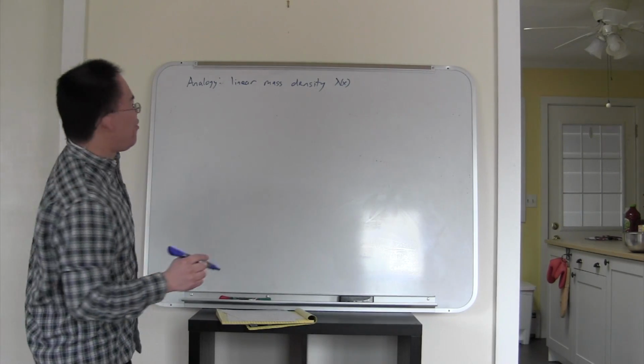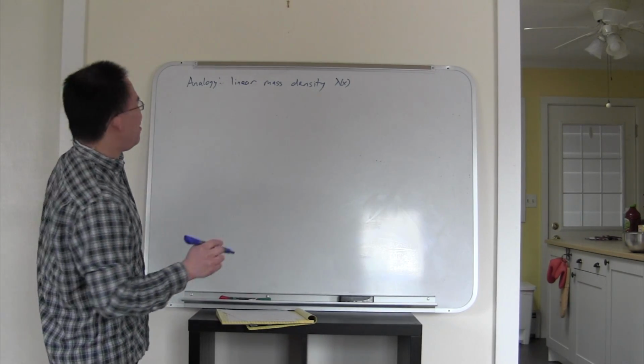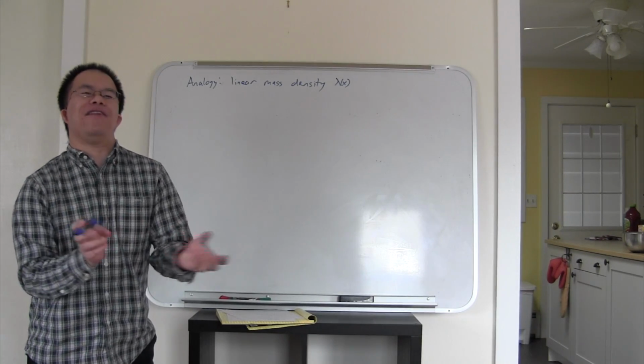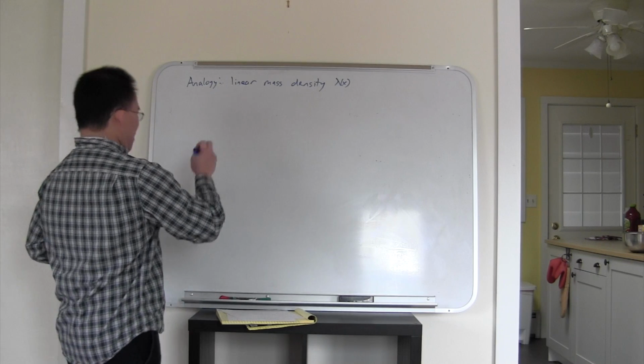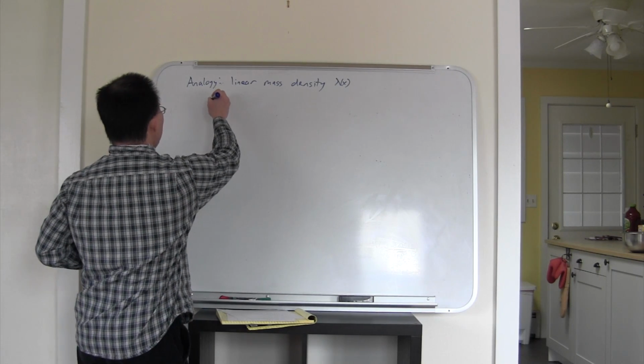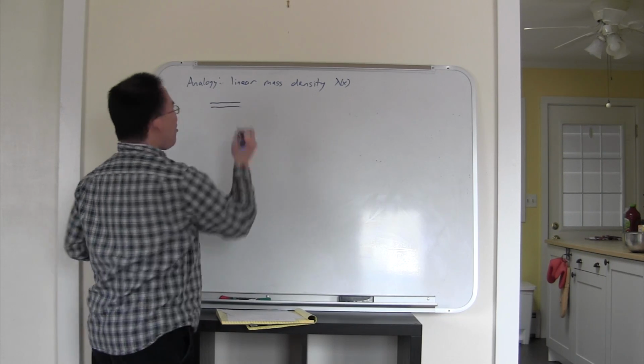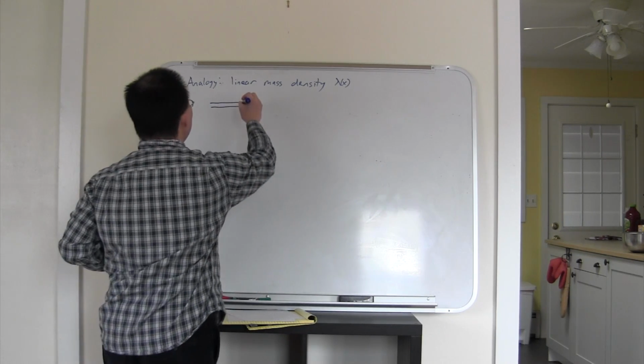What I mean is this. Suppose I have some rope, and it's a funny rope that doesn't have a constant thickness. Maybe this rope starts off like so, but then it gets a little bit wider.